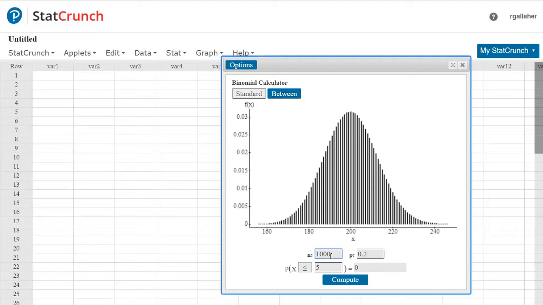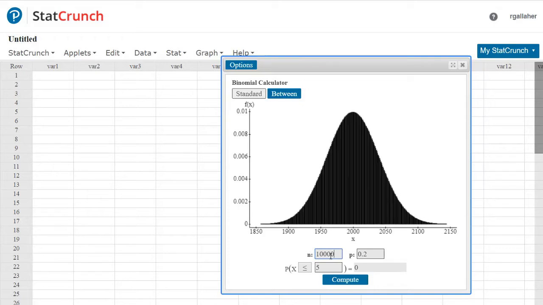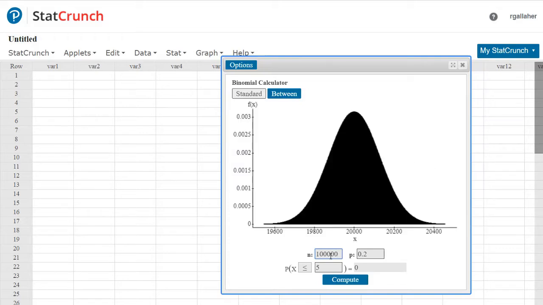For example, if I have 1,000 trials, the graph looks more like this. If I have 10,000 trials, it looks like this. If I have 100,000, it looks like this. And so this shape gets more and more perfect into this perfect bell-shaped distribution.